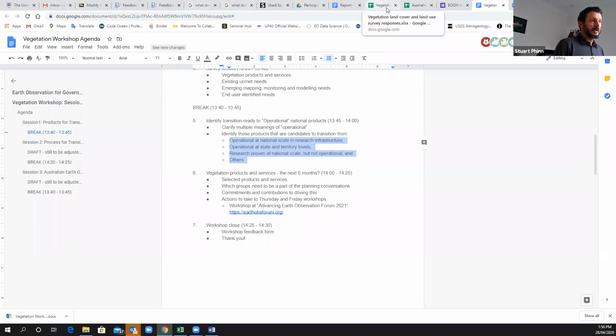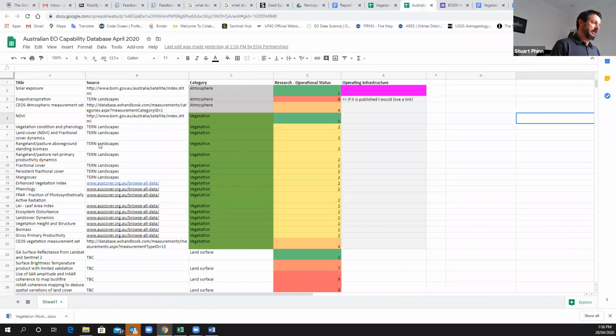So what we did last year when we looked at this is we generated basically a list of products, which you can see on the screen here. The ones with green in the 3rd column are broadly classed as vegetation products.